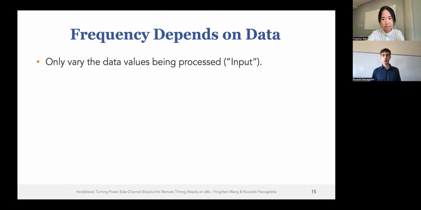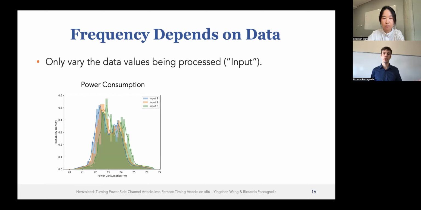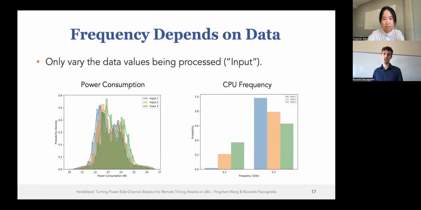Now, in our workload, and just as we know from prior work, changing the input will cause differences in power consumption, as we can see in the diagram to the left. What we observe is that changing these inputs also reflects in changes to steady-state frequency on our processor. Now, from now on, we will only talk about steady-state frequency that we will just refer to as frequency.